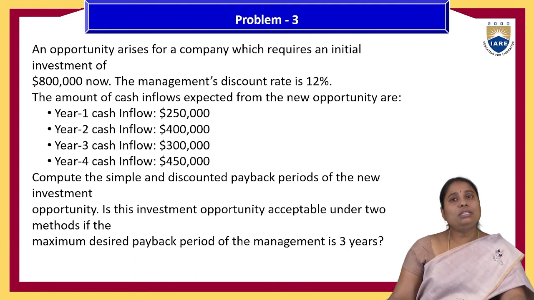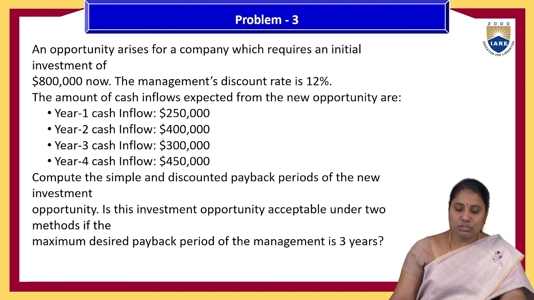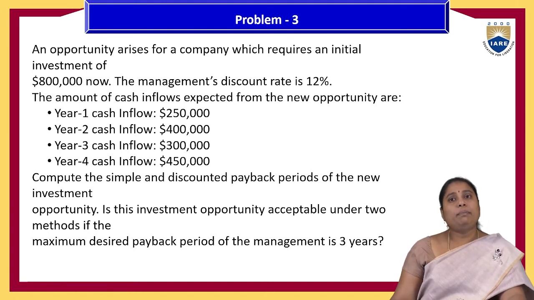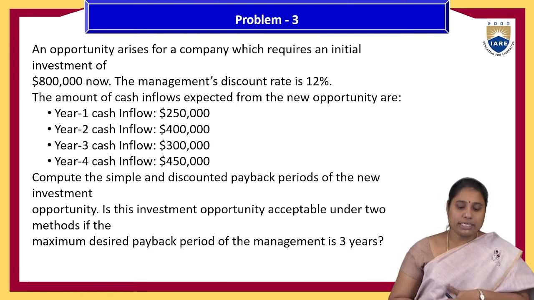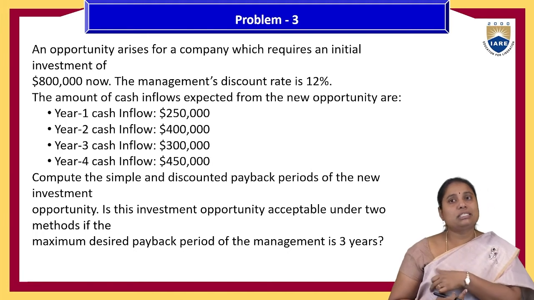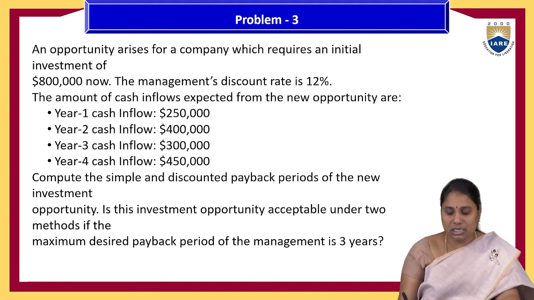Then compute the simple and discounted payback period of this new investment opportunity, and is the investment opportunity acceptable under the two methods if the maximum desired payback period of the management is 3 years.